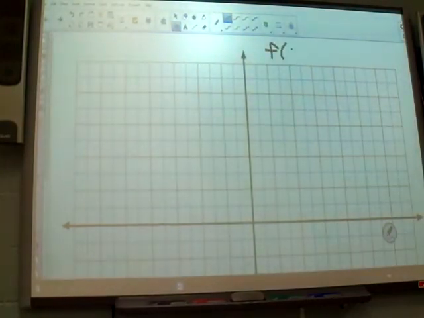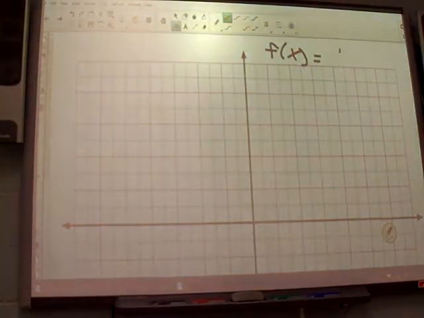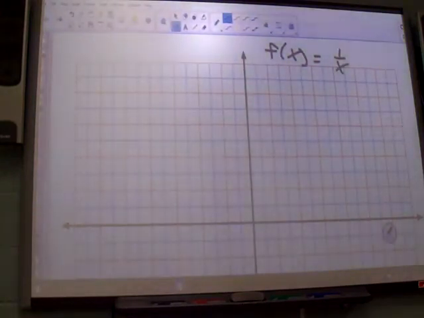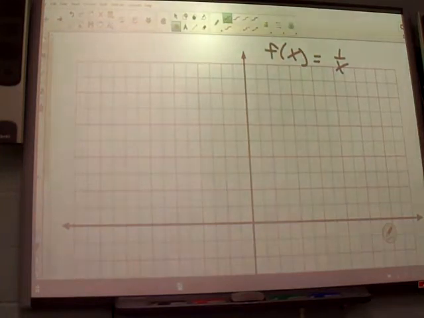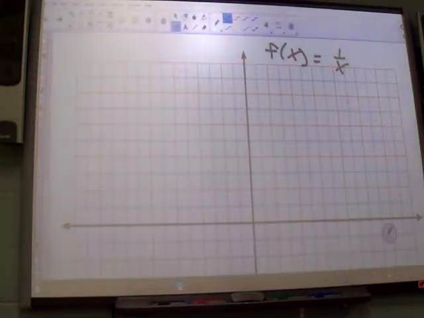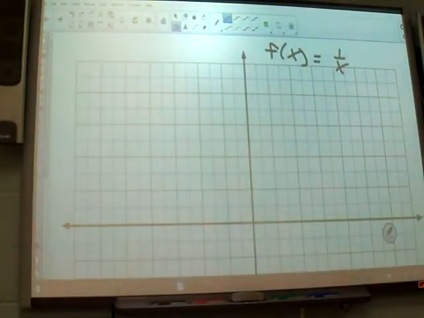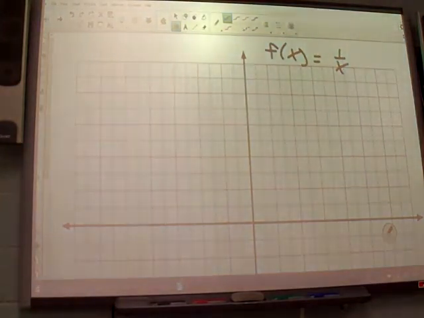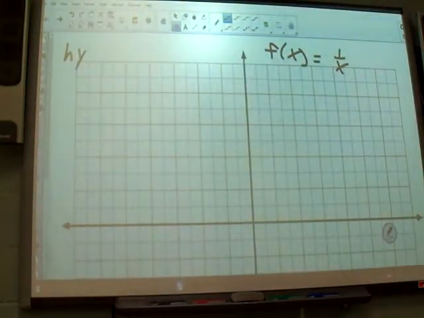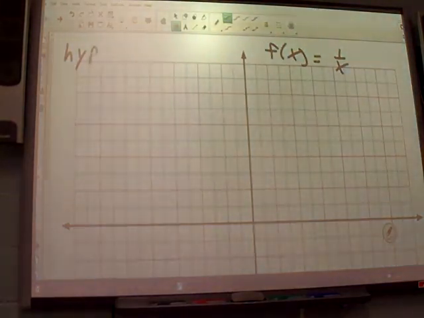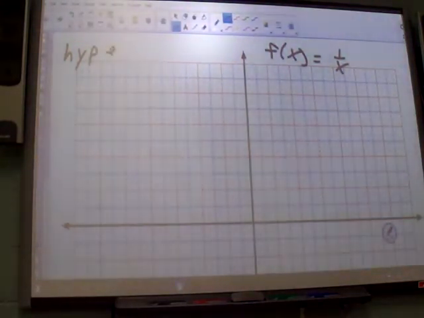Alright, so I'll graph for real what would be called the parent function that I just sketched in a hurry over there. f(x) equals 1 over x, so this would be the parent function of a hyperbola. Let me write that word for you so you'll be able to spell it. I'll look at my notes and my book and spell it right. Hyperbola.